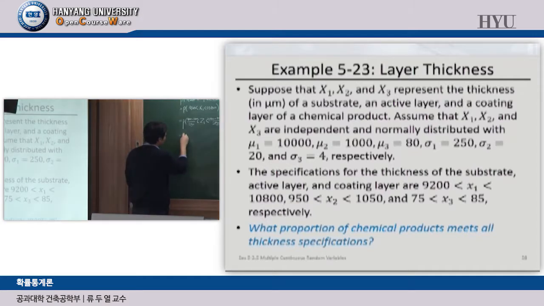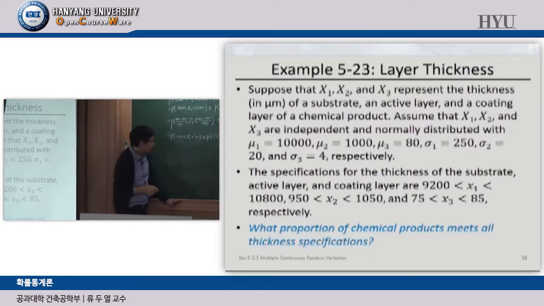And this is equal to the probability of Z1 between minus 3.2 and 3.2. Okay? And the probability of Z2 should be between minus 2.5 and 0.5, right? And the probability of Z3, Z3 is between minus 1.25 and 1.25.